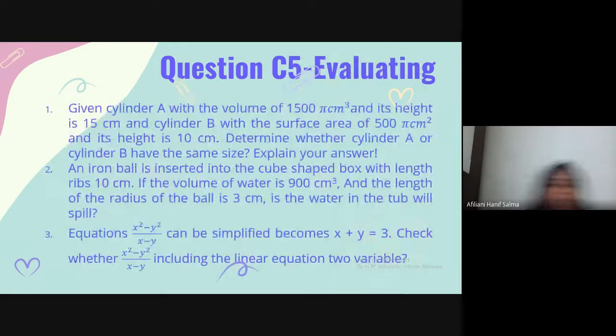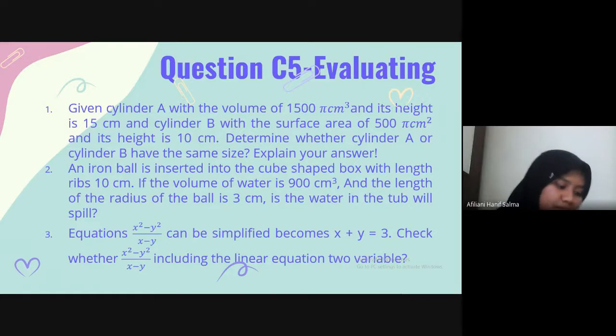Next is question C5, or evaluating. For the first example, the problem demands a decision. The decision is taken after doing analysis, and to solve this problem, students must know whether cylinder A and B have the same radius and height.